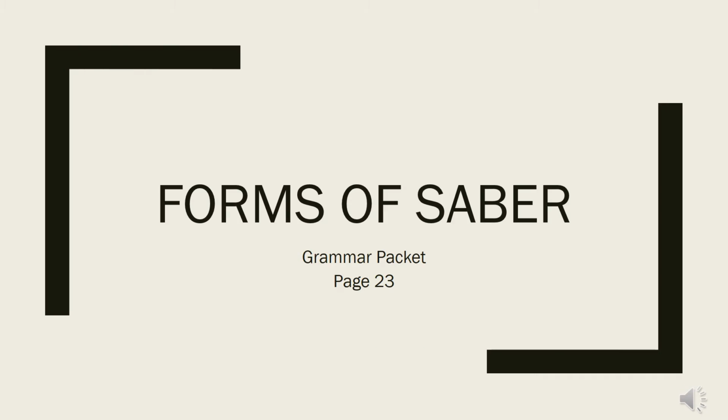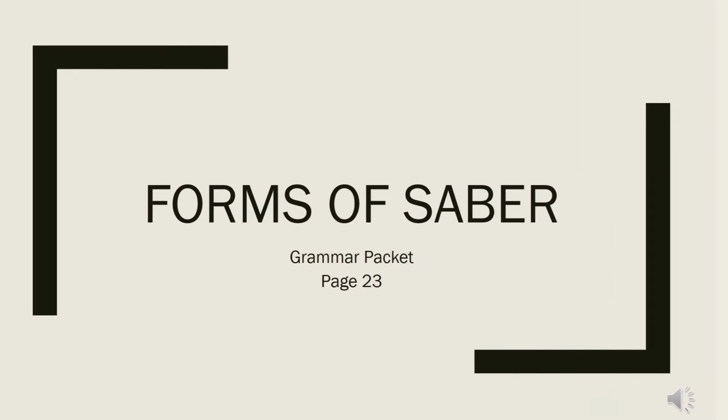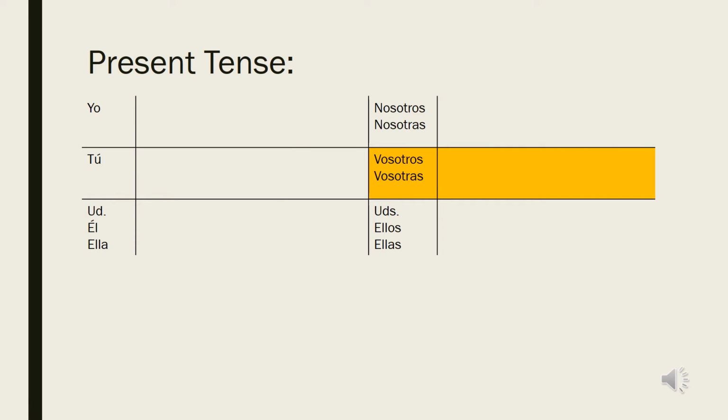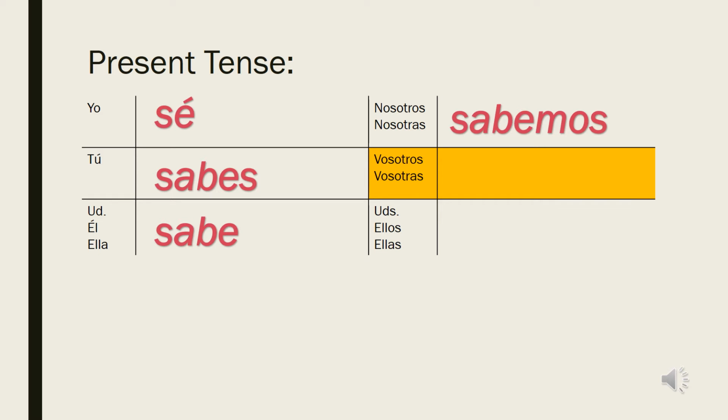So this section is going to look at the forms of saber. And again, we're going to focus on the present tense, but the other tenses are going to come into play later on in the year. So this way you'll be familiar with their forms before we get there. So the present tense conjugations of saber are yo sé, tú sabes, usted, él, ella sabe, nosotros sabemos, vosotros sabéis, ustedes, ellos, ellas saben.